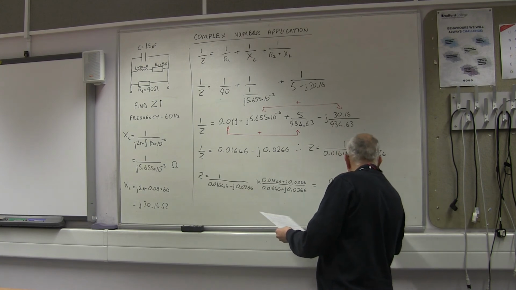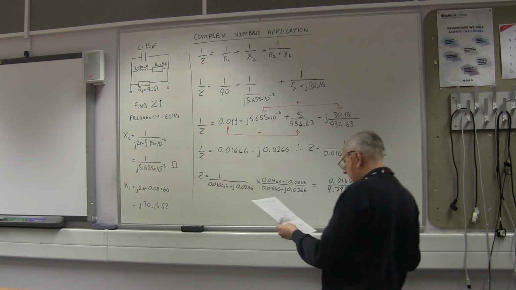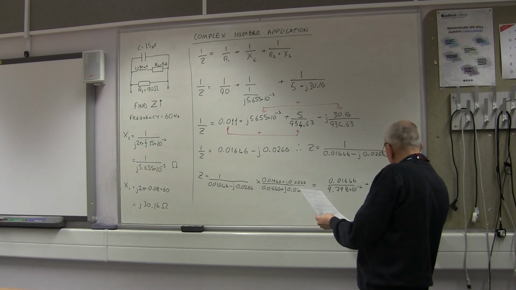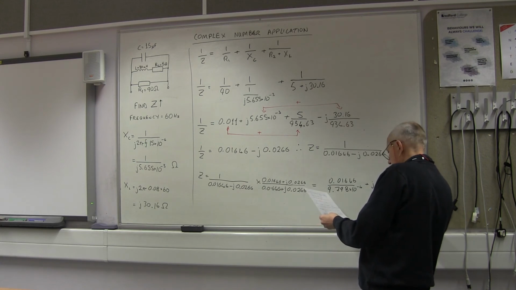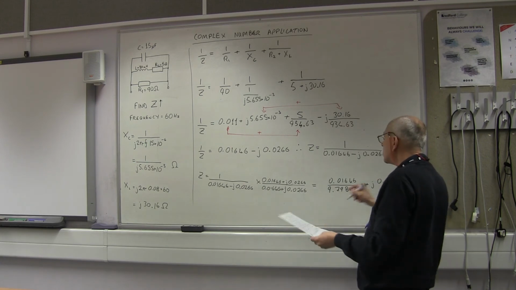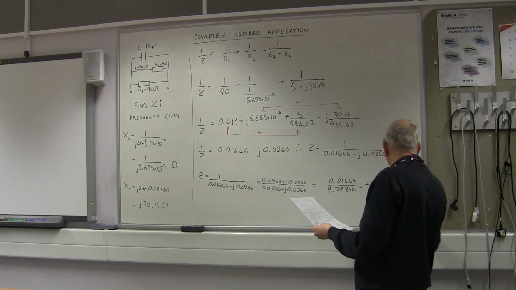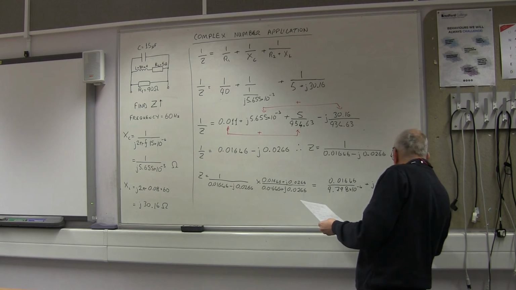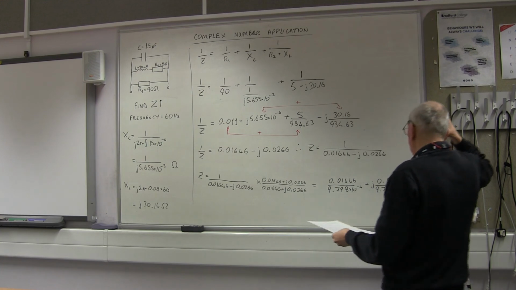So we're getting small numbers. And then it's going to be plus this time J 0.0266, which is that part, divided by this as well, 9.798 times 10 to the minus 4.